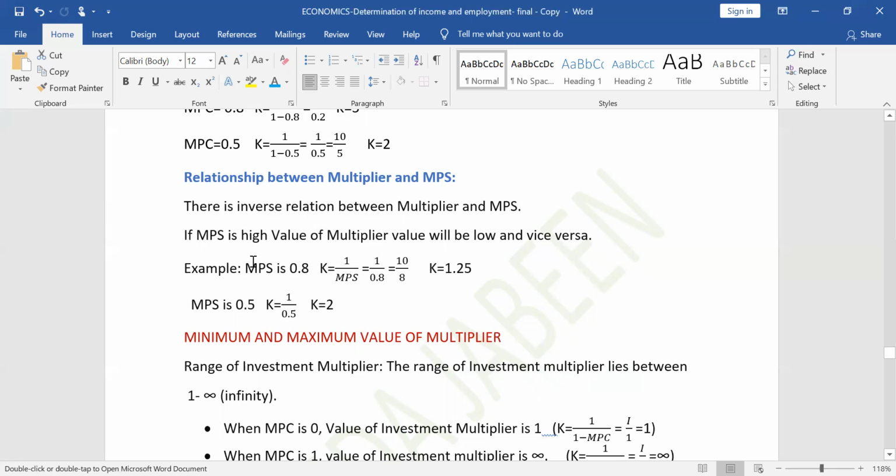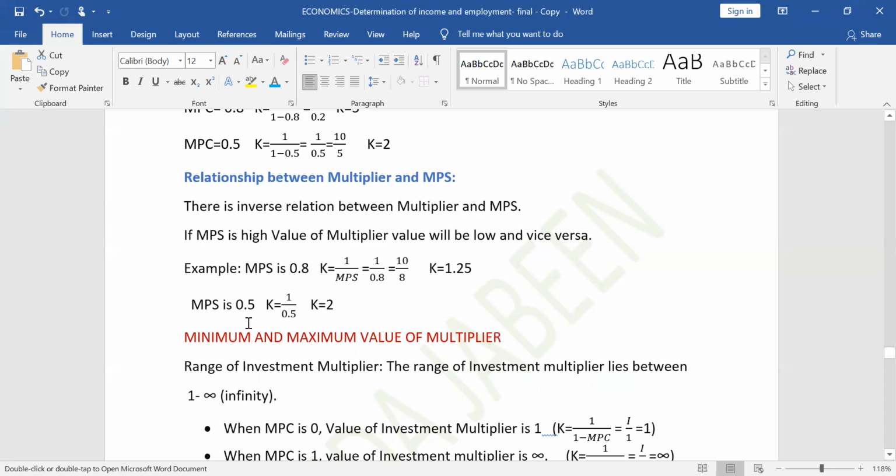For example, if the value of MPS is 0.8, the formula here of investment multiplier with MPS is K is equals to 1 divided by MPS, inversely related. So 1 divided by 0.8, which means 10 by 8, which means K is equals to 1.25.